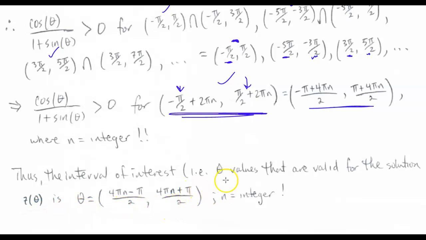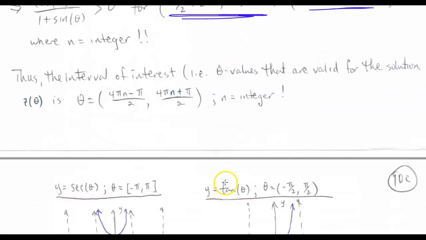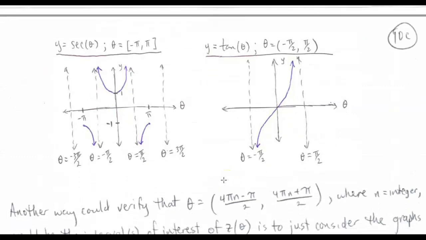Now, that was one approach. The other approach I took, and I did it two different ways just to make sure that I was thinking about it correctly, is to look at the graph of secant and tangent on its own. The reason I'm doing that is because the issue here is to figure out when secant theta plus tangent theta is going to be non-negative, meaning what values of theta make that happen.